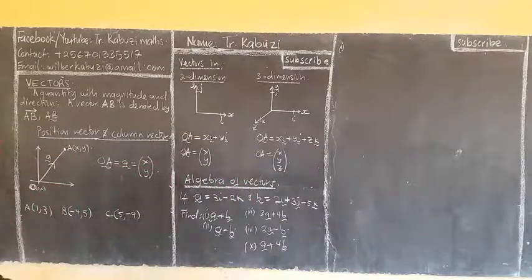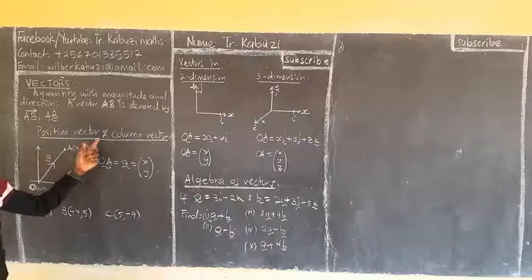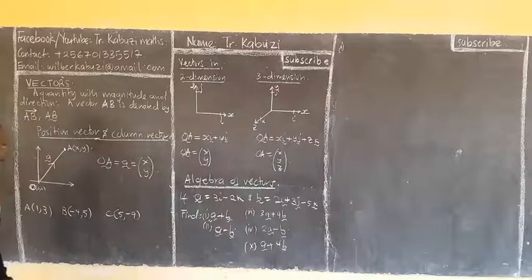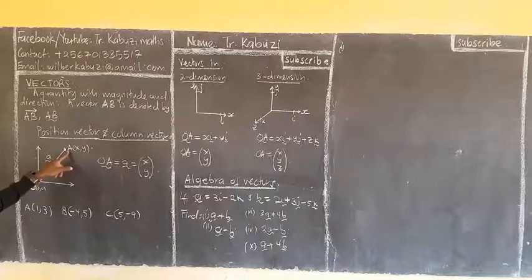Now, from there we look at what we call a position vector and a column vector. If I have a point x, y, and I want its distance from the origin, which we call O to represent the origin, then its distance from the origin to that point is what we call a position vector, so it will be OA.